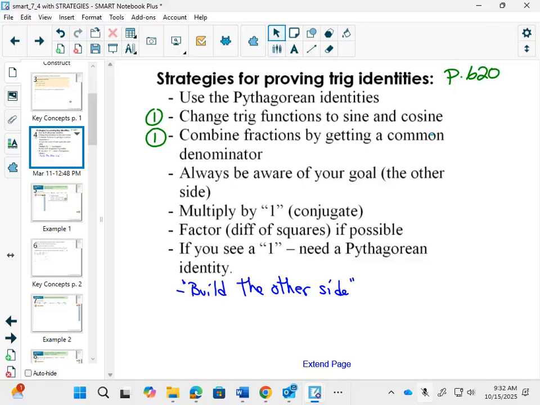Second strategy is looking for our Pythagorean identity.